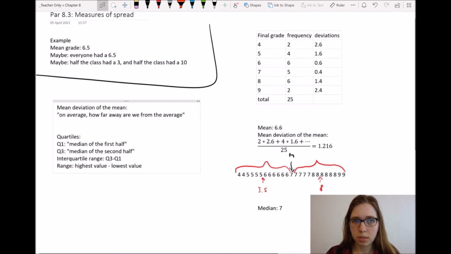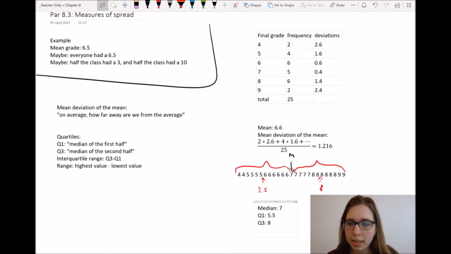So let's put that all together. Q1 is 5.5. Q3, third quartile, is 8. And then we have our ranges last of all.